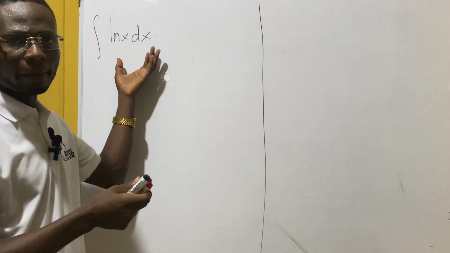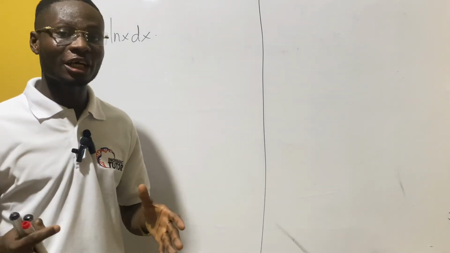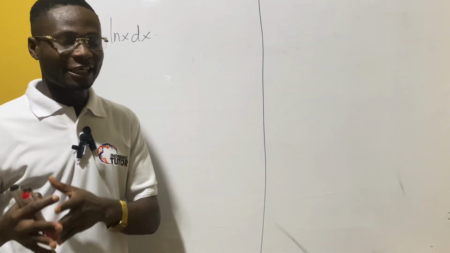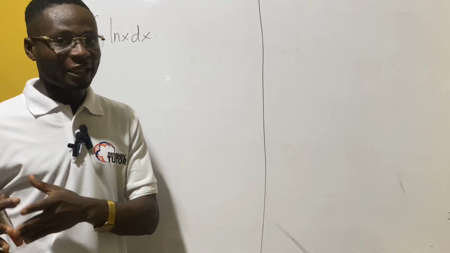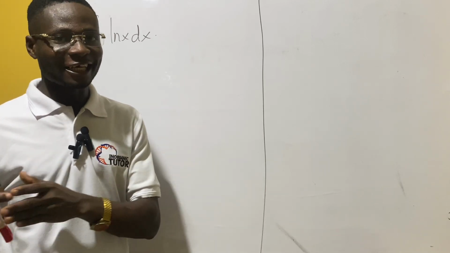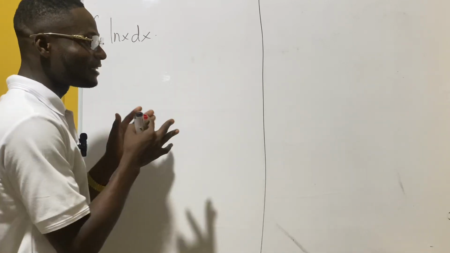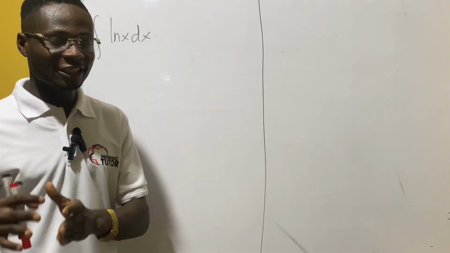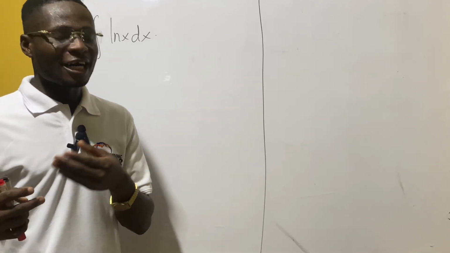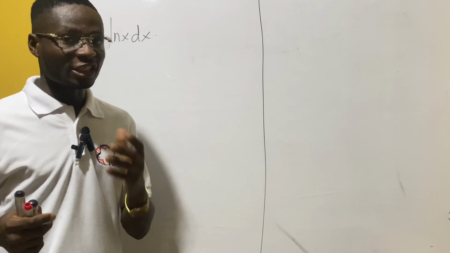In this episode, we are going to talk about how we can integrate the natural logarithmic function, which is ln x. This function has a strategic way of dealing with it when it comes to integration.